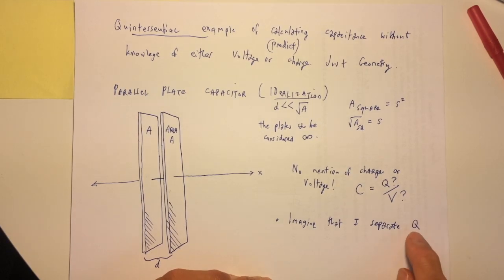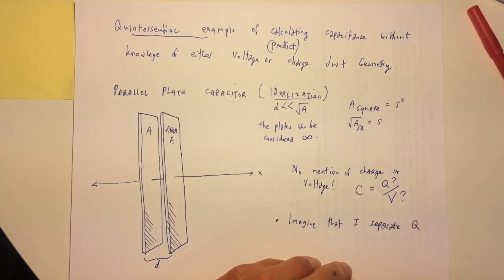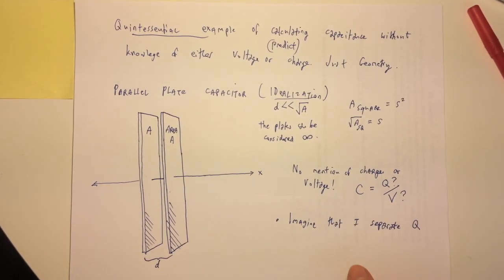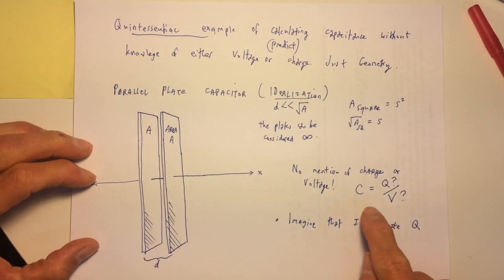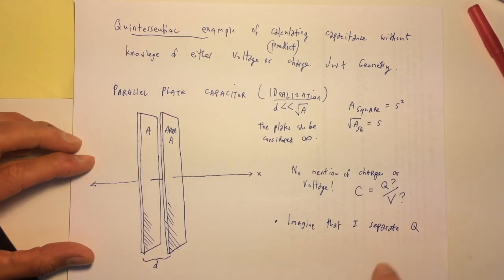So I'm going to choose a variable amount, something called Q, and if I need to, I can stick in a value for Q later, but I'm going to show you that I don't need to. It's pretty cool. The capacitance is independent of my choice of the charge.